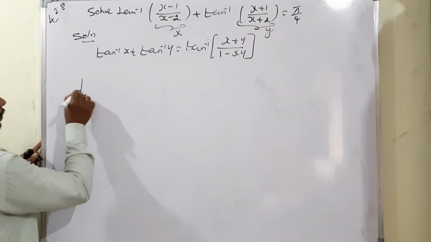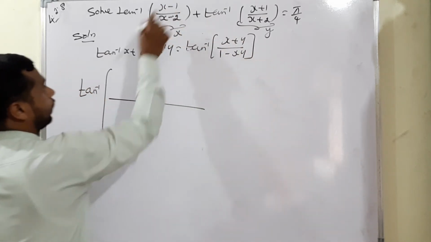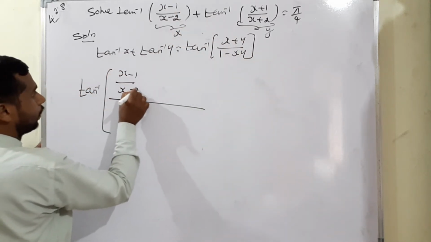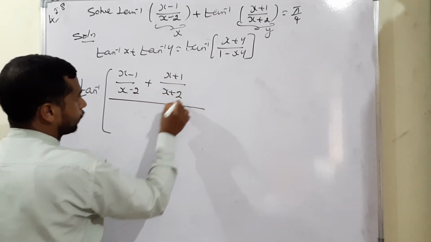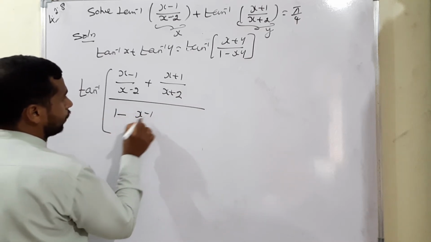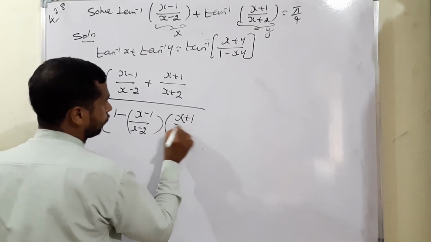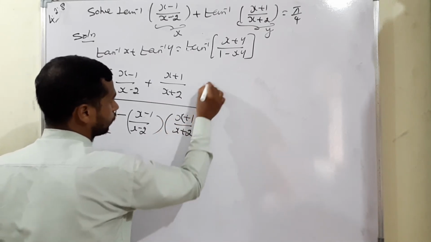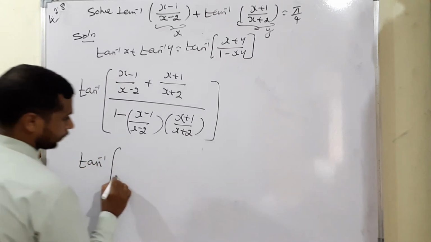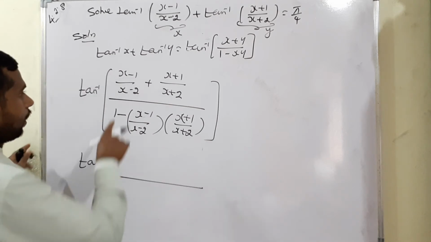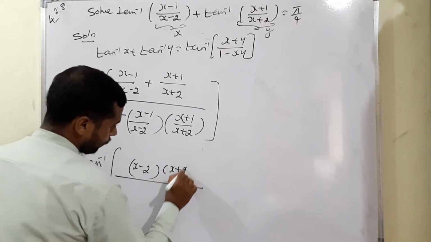Now, tan inverse of (x plus y). What is the value? (x minus 1) over (x minus 2) plus (x plus 1) over (x plus 2), over 1 minus (x minus 1) over (x minus 2) times (x plus 1) over (x plus 2). Now what we have to do? Tan inverse, take the common denominator (x minus 2) into (x plus 2).